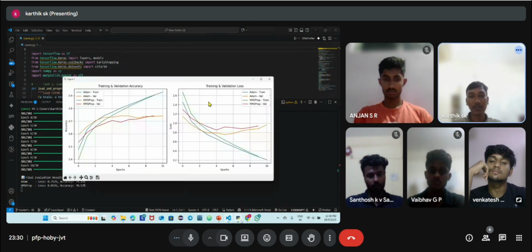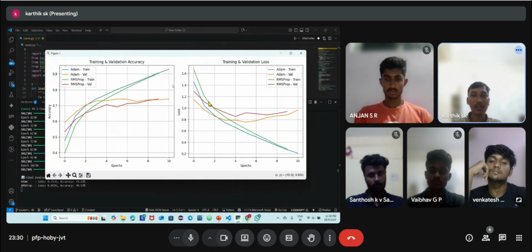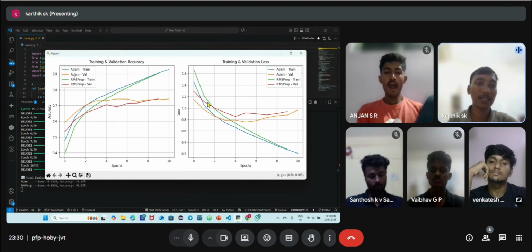Now it plots two different graphs: training and validation accuracy, and training and validation loss. At first, in the training and validation accuracy graph, it shows Adam train and validation and RMSprop train and validation, where the blue line is for RMSprop train and the green line for RMSprop validation.